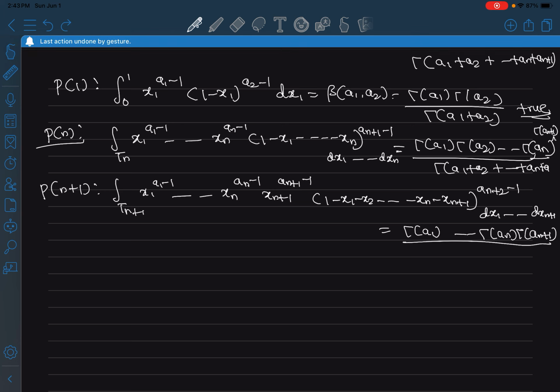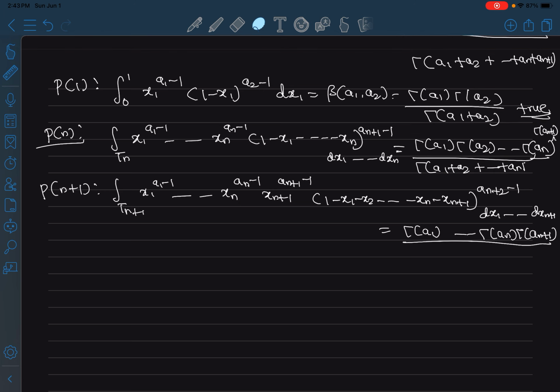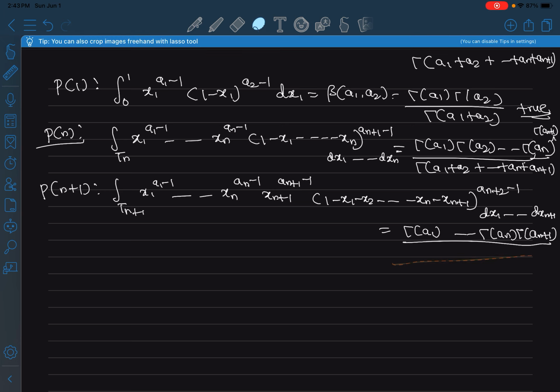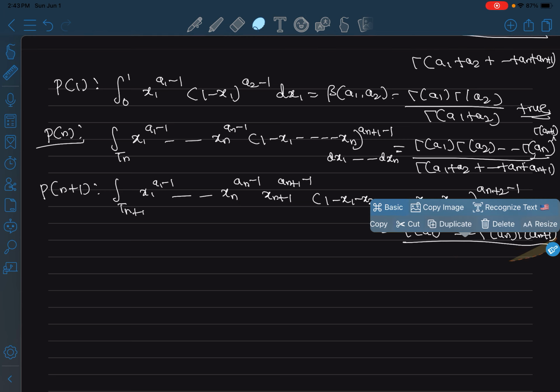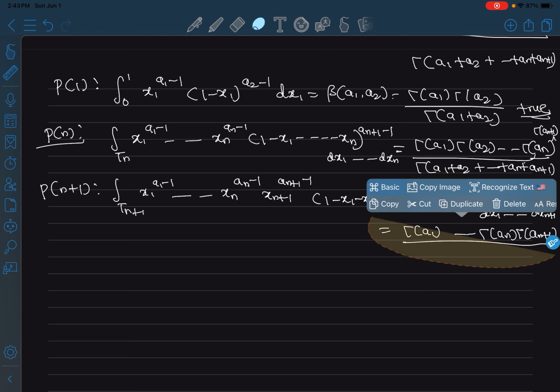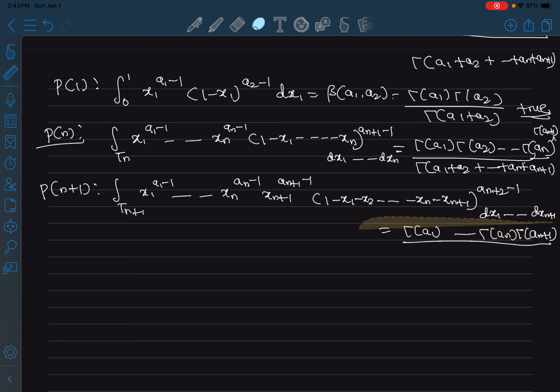And in this case, there will also be a_{n+2}, so there will also be gamma of a_n plus a_{n+2}, divided by gamma of all this sum, right?